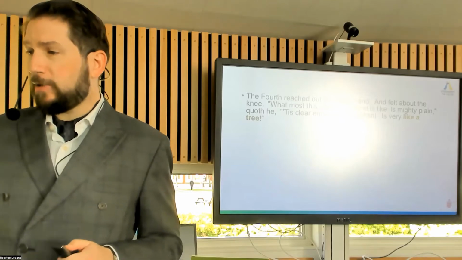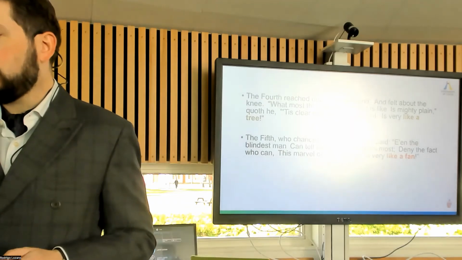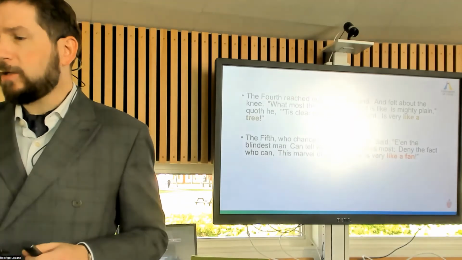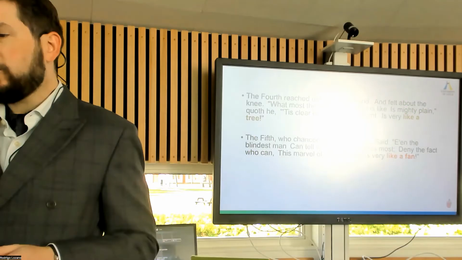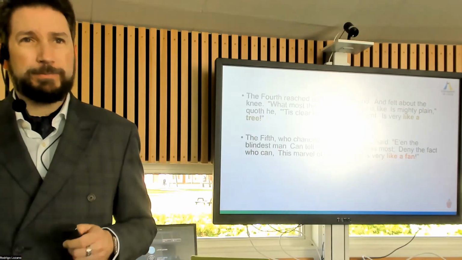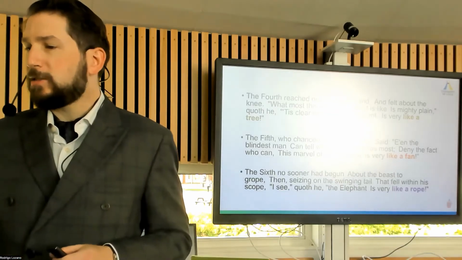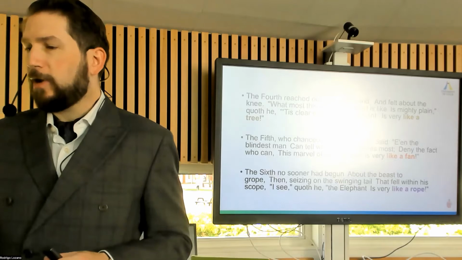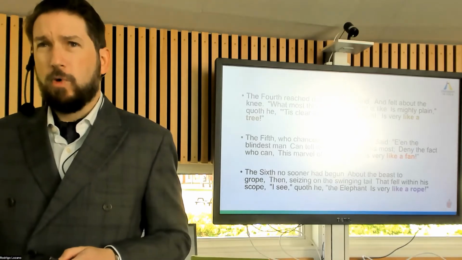"'Tis clear enough the elephant is very like a tree." The fifth, who chanced to touch the ear, said, "Even the blindest man can tell what this resembles most. Deny the fact who can, this marvel of an elephant is very like a fan." The sixth no sooner had begun about the beast to grope, than seizing on the swinging tail that fell within his scope, "I see," quoth he, "the elephant is very like a rope."